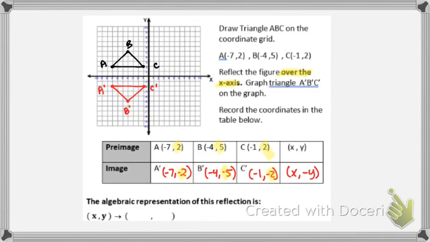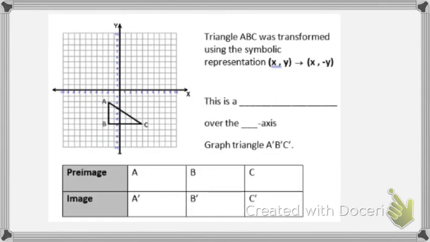Okay, so x stays the same, and then for y we switch the sign, and the way to switch the sign is to show that it is a minus in front. So if the negative is on the y, that means that we have a reflection over the x. So it's always the one that doesn't have the sign.